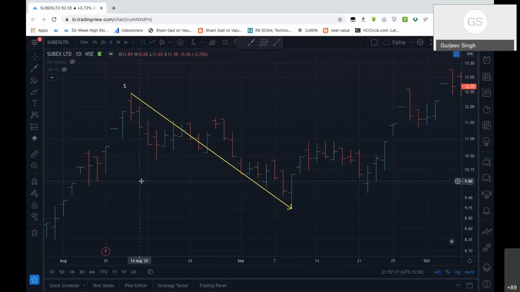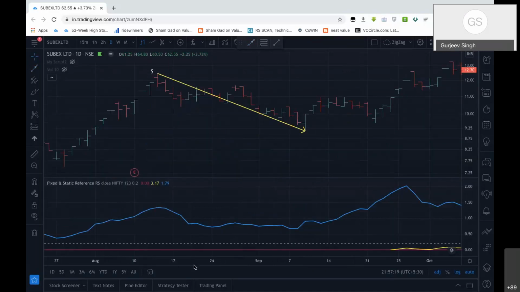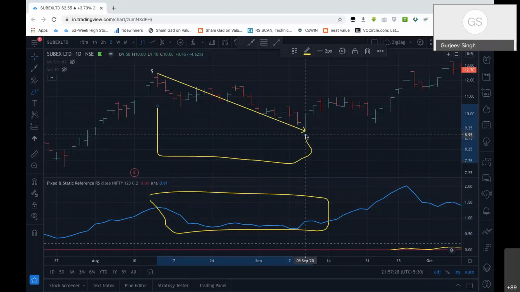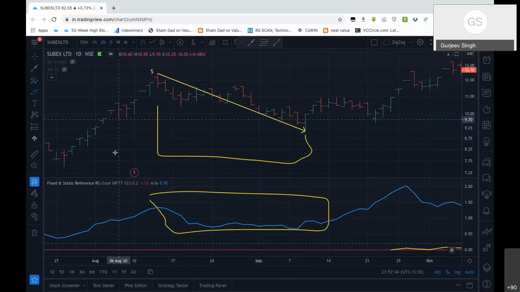And during this time, RS was positive. So here we are losing time value, and we may buy on any breakout or any point. We are just losing time. It is not that the stock might not go up or go down, but we are losing time. Let's proceed.